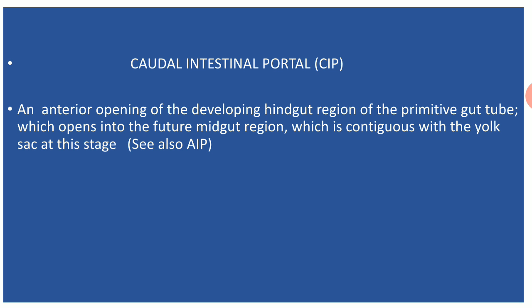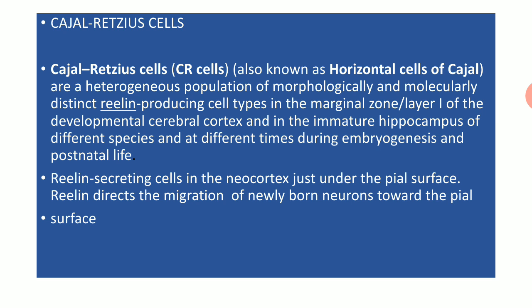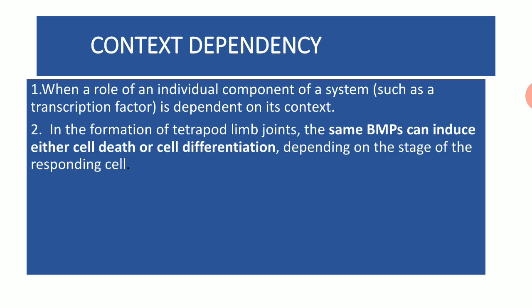Caudal intestinal portal, CIP, the anterior opening of the developing hindgut region of the primitive gut tube, which opens into the future midgut region, which is contiguous with the yolk sac at this stage. Context dependency.